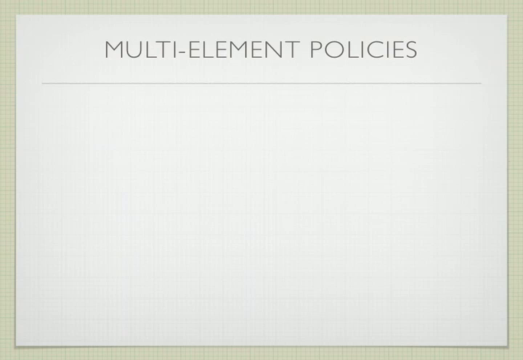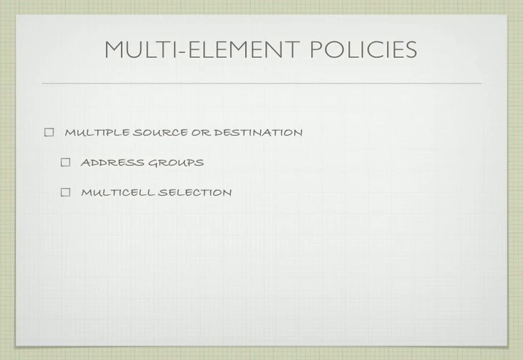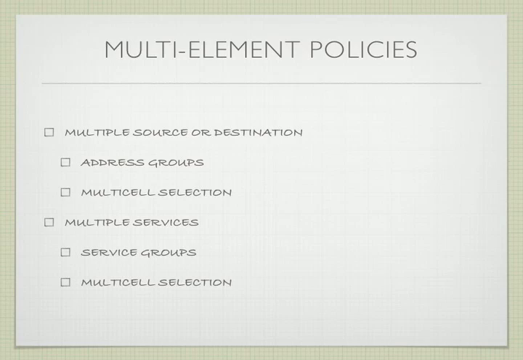Okay, an alternative to groups is multi-cell selection. We've mentioned already that we can have address groups to put multiple addresses onto the same policy. But within a policy, you can also select multiple cells to have multiple address objects selected in a policy. And likewise in services.